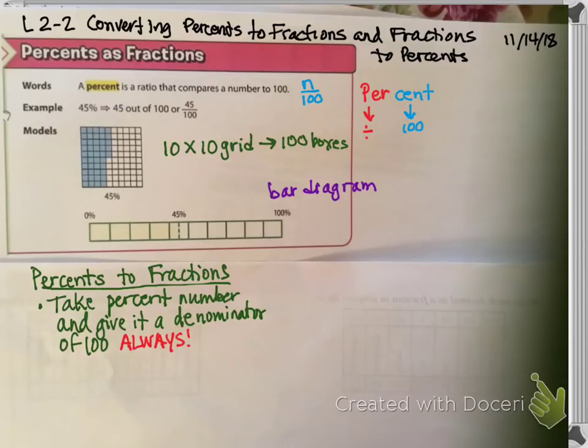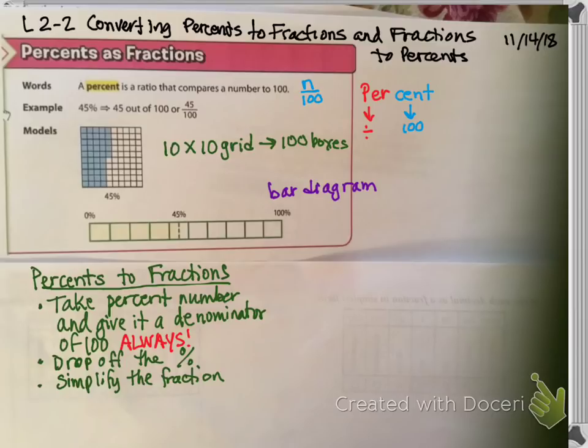Always. Okay? Now, if I'm doing that, and I'm going to put it over 100, I'm going to drop off the percent sign. So that percent symbol is no longer there. Once I do that, I'm just going to simplify the fraction. Because remember, we always reduce ratios and fractions to lowest terms.